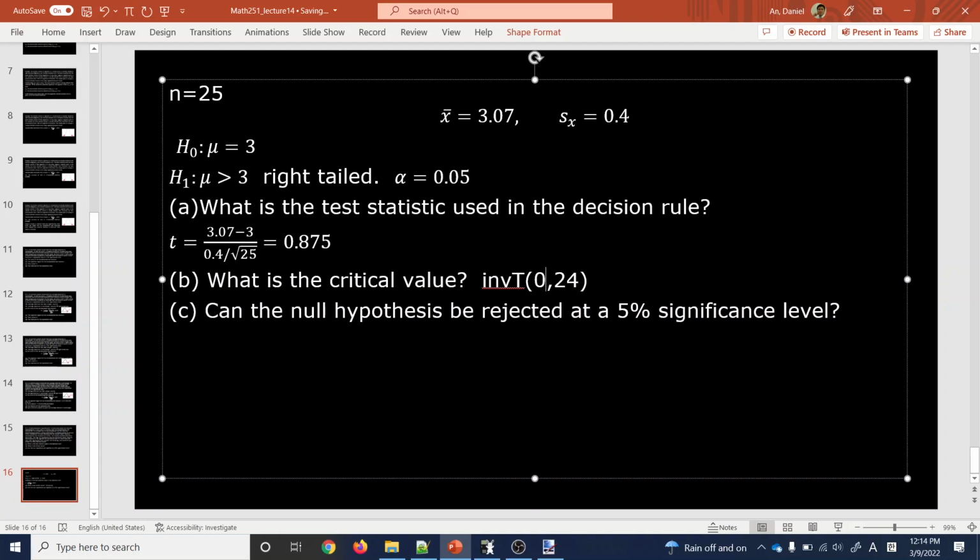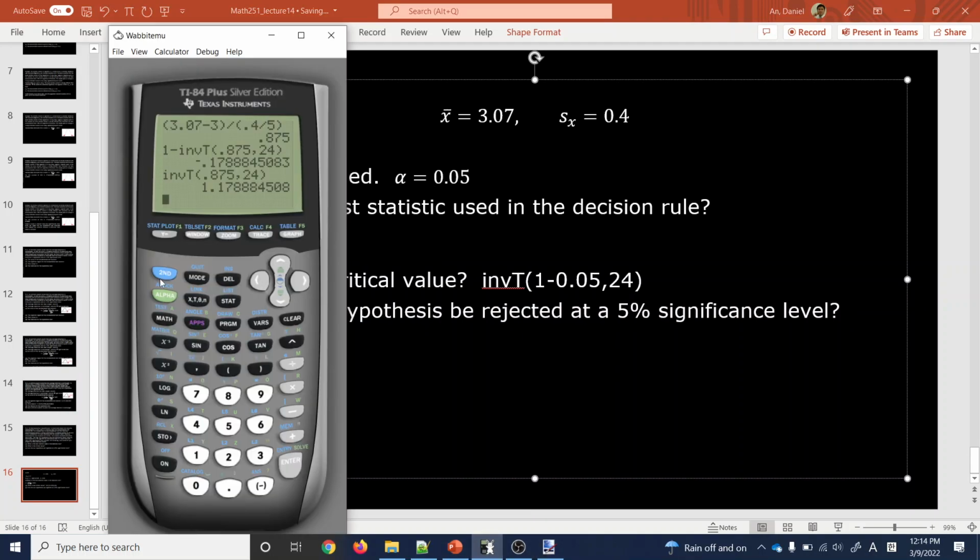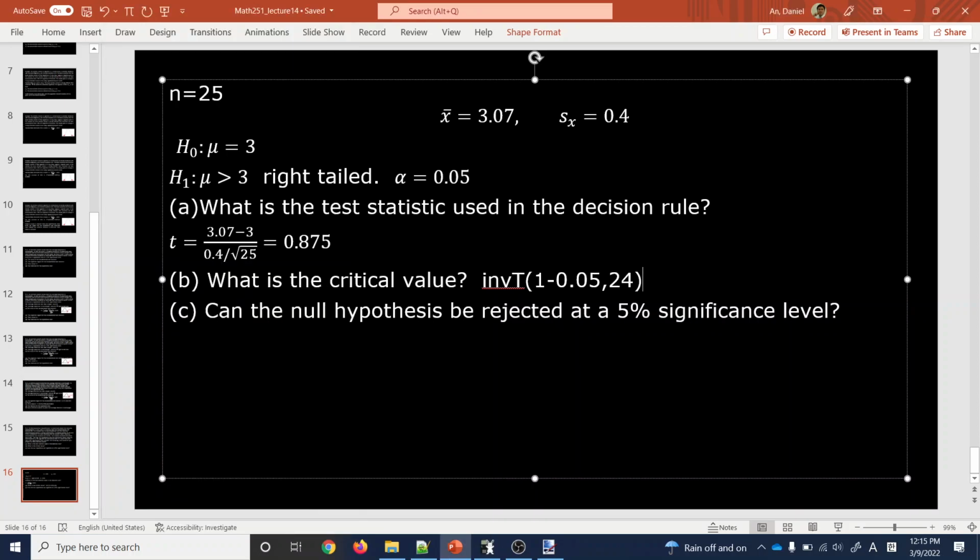So our significance is 0.05, and if you have 0.05 from the right side, then the left side will be 95%. So that should be the one that I use. I'm sorry, I was a little bit in a hurry. You would divide that by 2 if you're doing a two-tail test, but here we are using right tail, so there's no need to do that, okay? So you have 1.71.